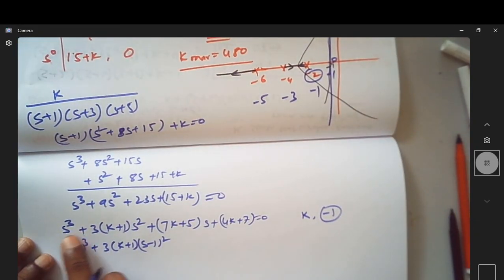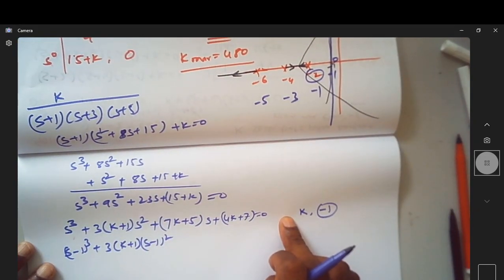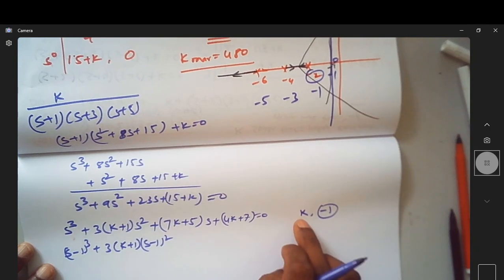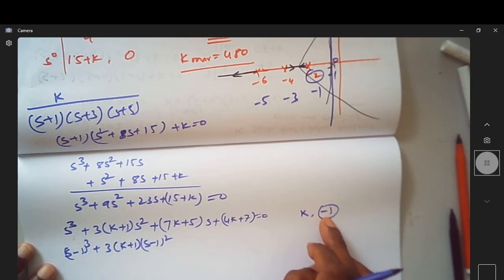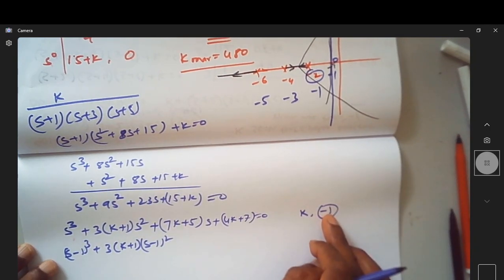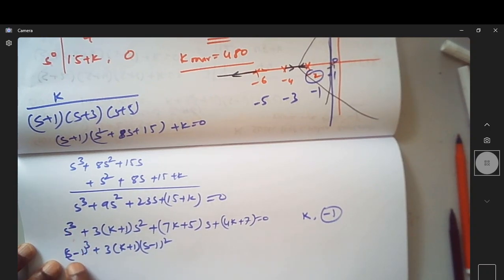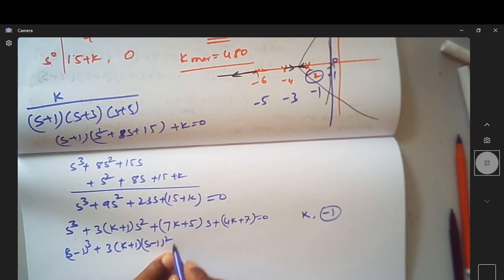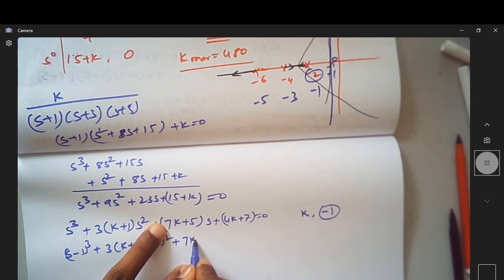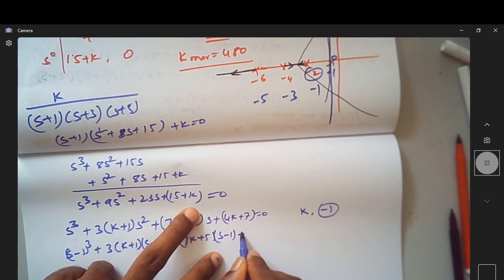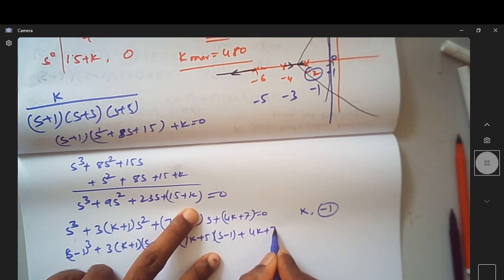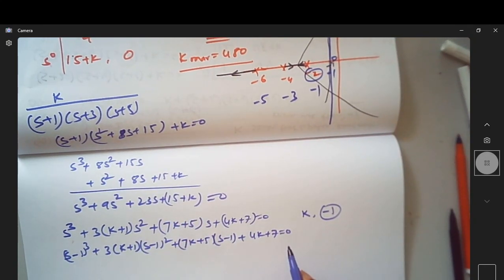But here the characteristic equation is given, and we are asked to find the value of k such that closed loop poles are more negative than minus 1. So you go straight away here and replace s by s minus 1, then it is 7k plus 5 into s minus 1 plus 4k plus 7 equal to 0.